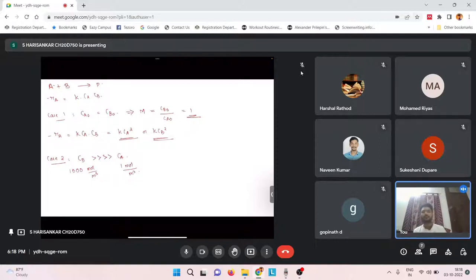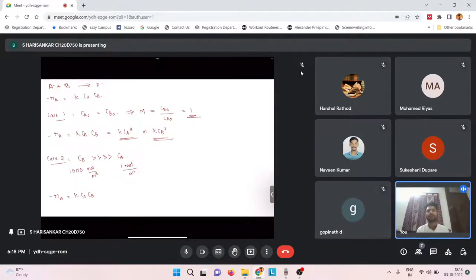Now, let's say we are having a change in concentration. So rate, minus RA is equal to K CA CB.